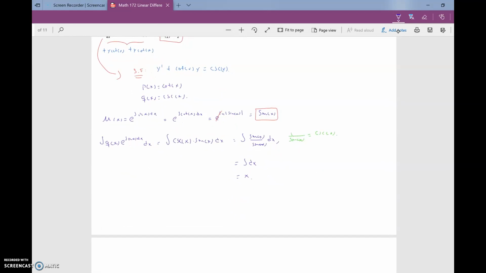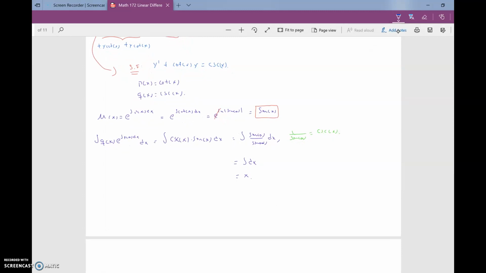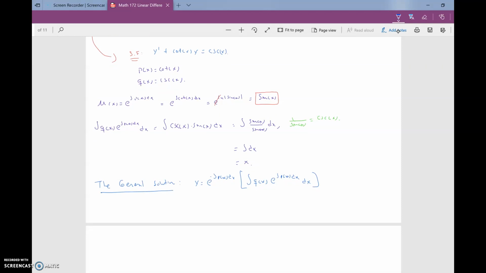Okay, so let's actually write the general solution. It's just going to be y is equal to e to the negative integral of p of x dx times the integral of q of x e to the integral of p of x dx dx.